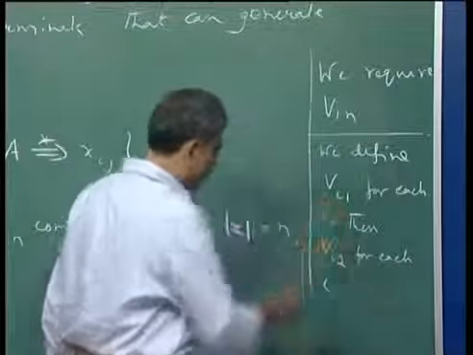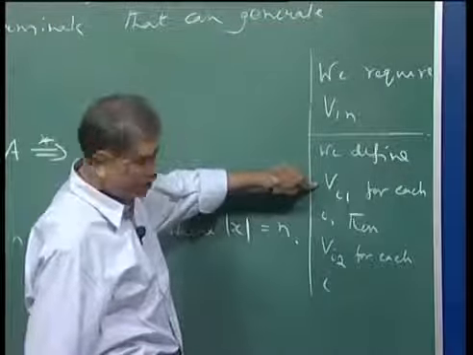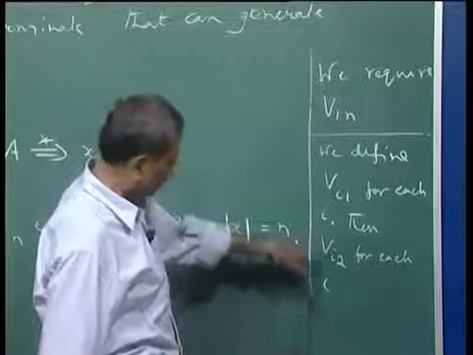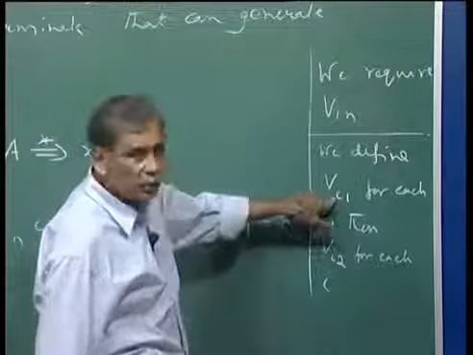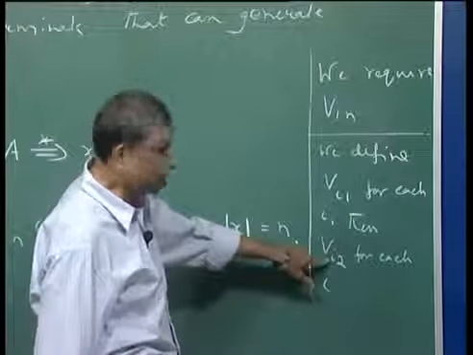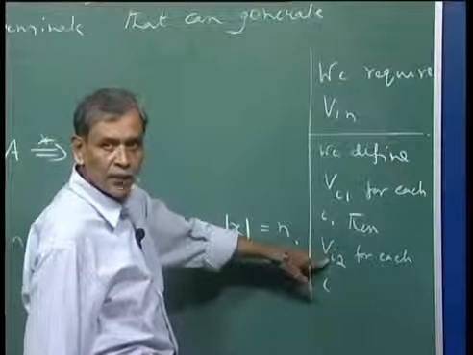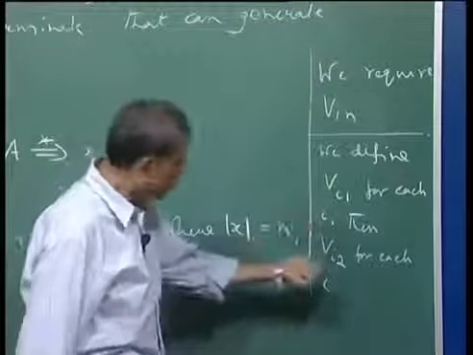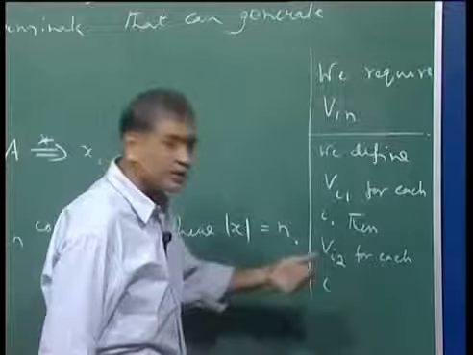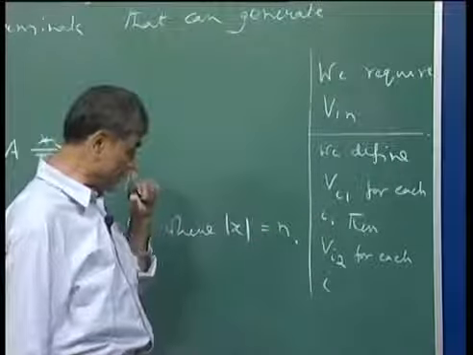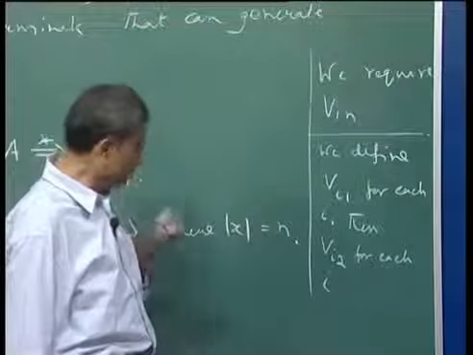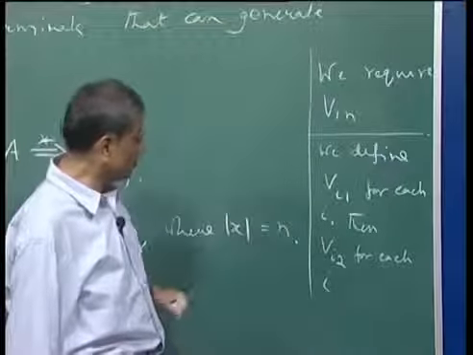The range of i in these two cases will be different. Here i will range from 1 to n, here i will range from 1 to n minus 1, because at position n you can't have a substring of length 2 starting at position n. There can be only a substring of length 1.